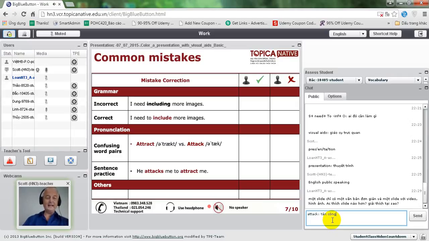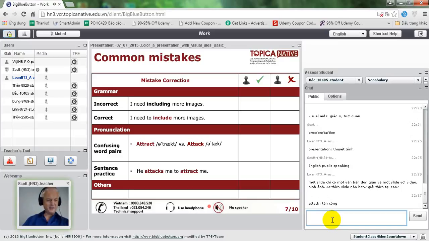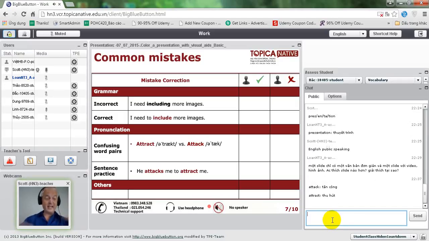They said, I need including more images. That is not the correct way to say it. The correct way of saying it is this. I need to include more images in order to have a better presentation. Okay, so I need to include more images.